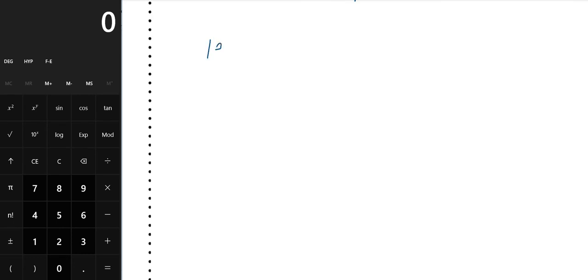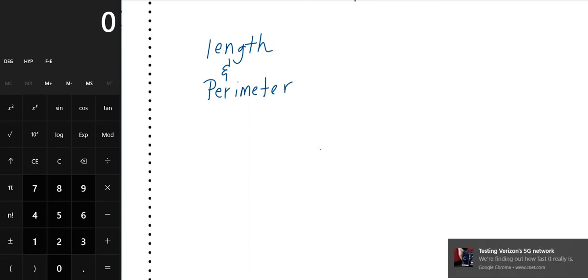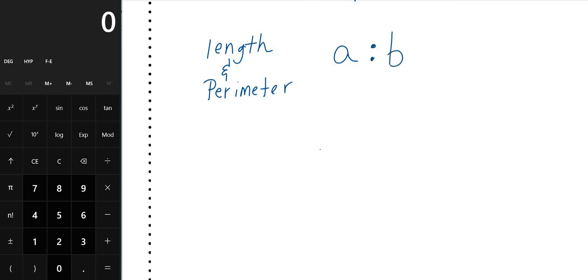When you are talking about length and you're trying to solve for a length, or when you're trying to solve for a missing perimeter, your scale factor, I'm going to call it A to B. Next, if we have area, if we're trying to figure out area, surface area or just a regular area of a two-dimensional shape, since area is always expressed as units squared, you can't use your scale factor A to B. You have to take A to B and you have to square it.